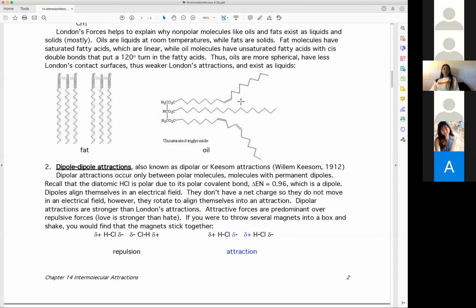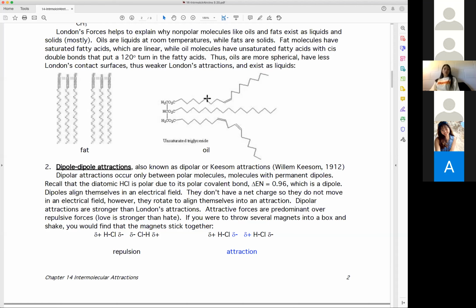They're not showing you the hydrogens right now. So where this is tetrahedral, this is planar trigonal, and this is planar trigonal. So when you introduce an unsaturated double bond into a fatty acid, it causes it to simply change direction.